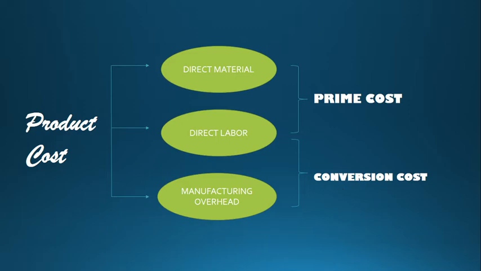Kasi nga, kailangan nating i-convert si direct material into finished goods para natin maibenta. Meaning, from direct material, gagawin natin itong finished good. At para magawa itong finished good, ay kailangan natin sina direct labor at manufacturing overhead or ito yung tinatawag na conversion cost na.